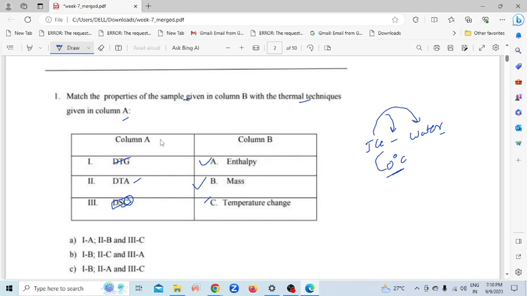You are giving energy continuously, but the energy is consumed to convert ice into water. So it is called latent heat of liquefaction, meaning ice is converting into liquid. This extra heat you provide, delta H, is called the enthalpy of this conversion. Understood? I think it is clear now.